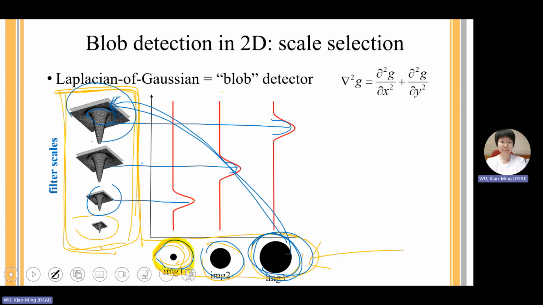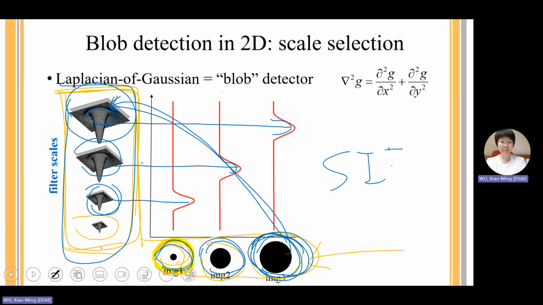So this filter is perfect for identifying blobs of this size, this filter is perfect for identifying the medium blob, and this filter is perfect for identifying the tiny blobs. That's why we need to apply a set of filters simultaneously. So that is the idea behind the SIFT detector. So how can we achieve scale invariance?